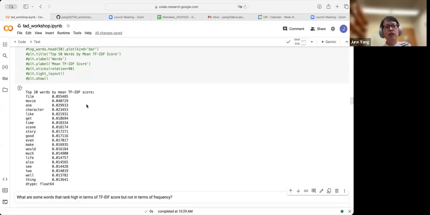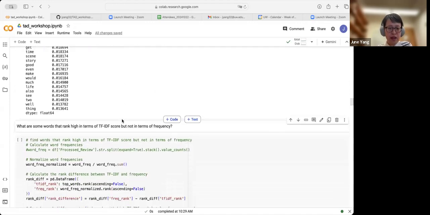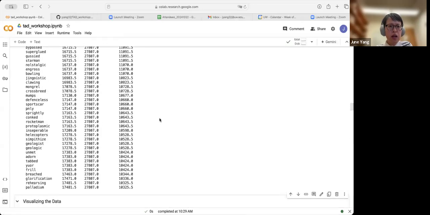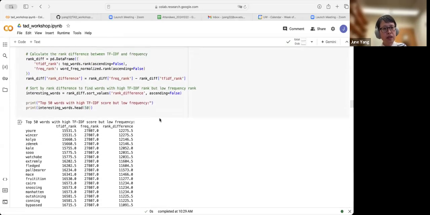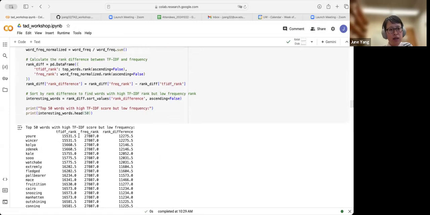So if we're really interested in what are some words that TF-IDF thinks are important, but sort of rank low in terms of word frequency, this is all part of the exploration process. So we can calculate the rank difference by picking out words that rank relatively higher in the TF-IDF ranking, but rank a lot lower in the frequency ranking.